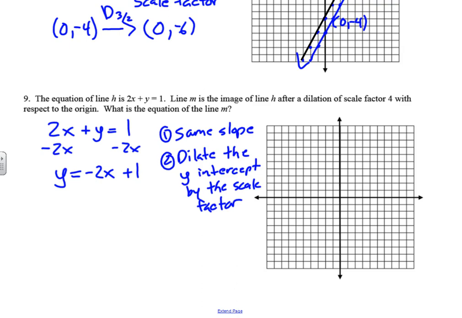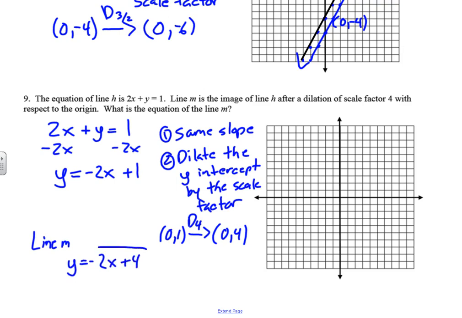So the y-intercept here is the point 0, 1. We're going to dilate 0, 1 by a scale factor of 4, which is going to make it 0, 4. And we're going to have the same slope. So line M is going to be y equals negative 2x plus 4.